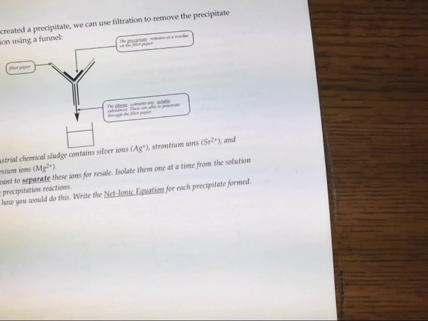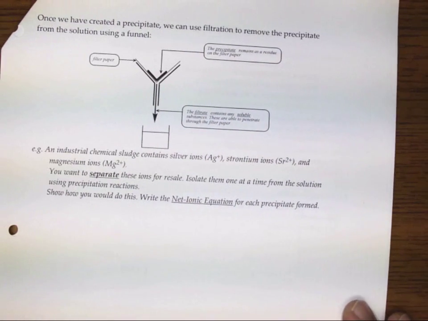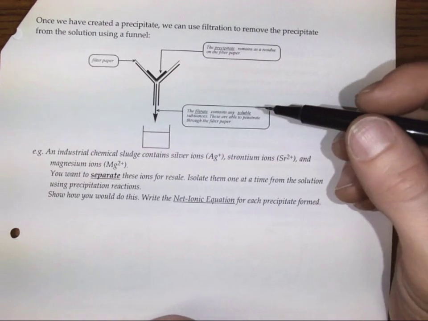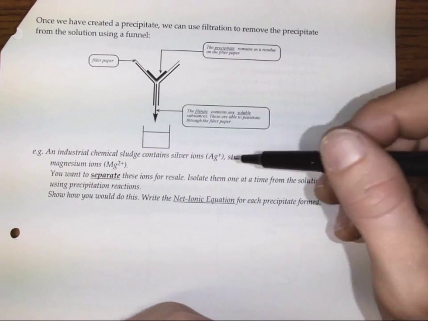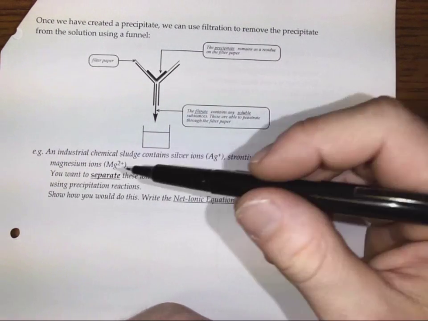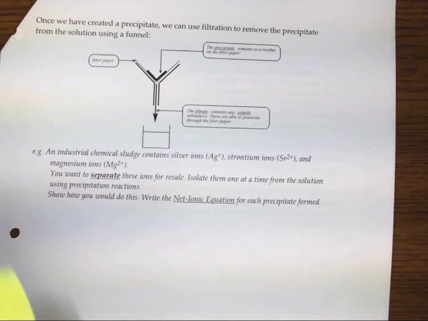All right. So we're going to use that principle to work through a more complex example of a sludge that has 3 different ions in it.